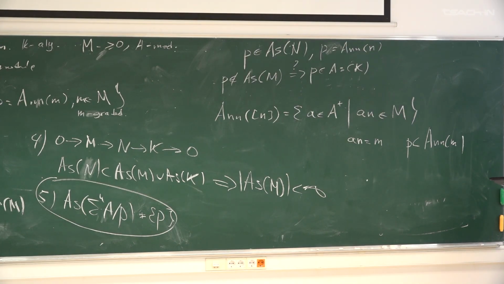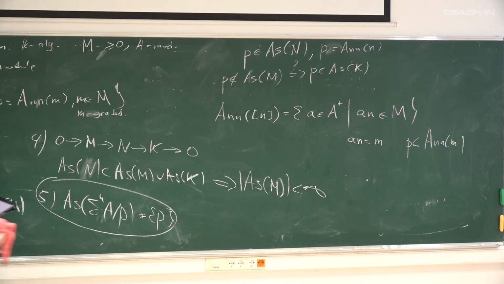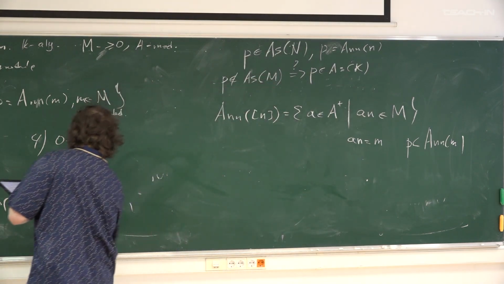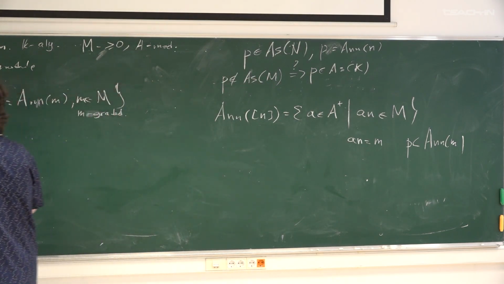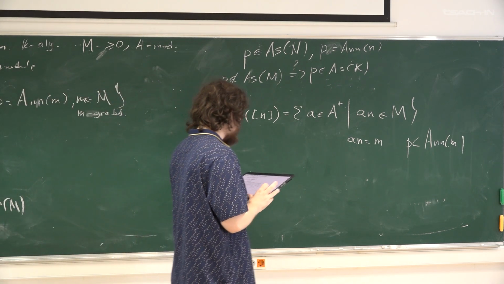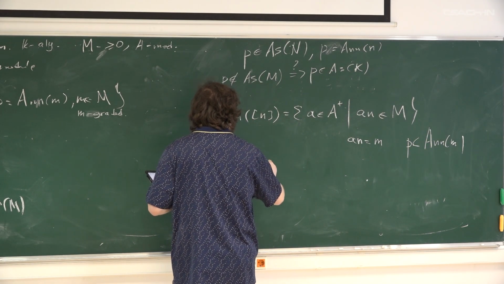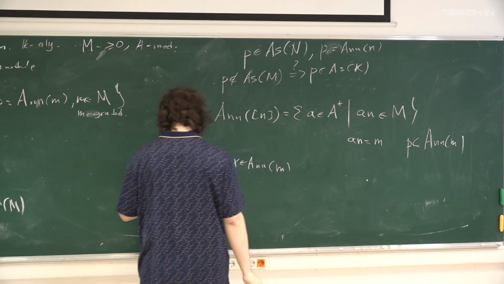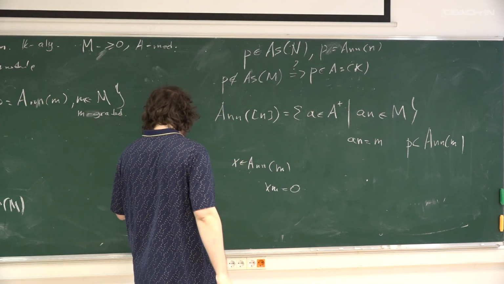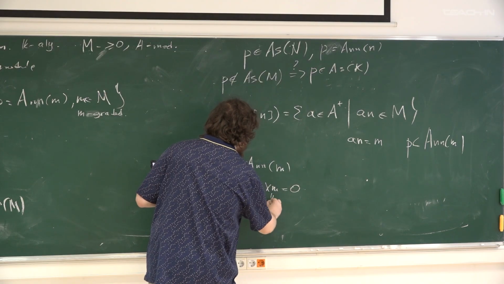So now I want to check that P lies in Ass(K). Let's consider some element x from the annihilator of m. This means that xm is 0. m is an, so x an is 0.